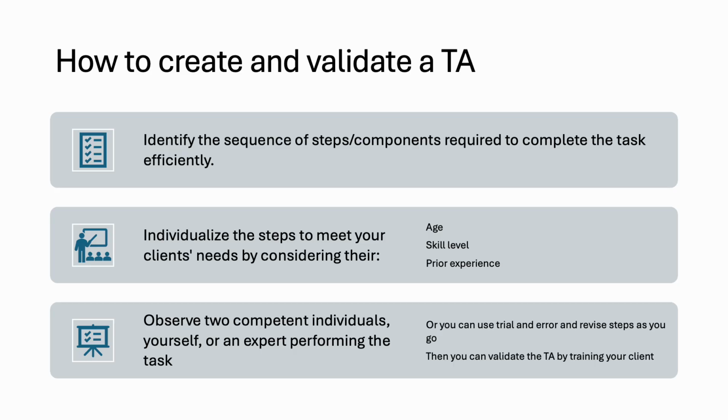Okay, so then how do we create a task analysis? And also, how do we ensure that our task analysis is actually helping us achieve what we would like to achieve? How do we validate our TAs? The first step is to identify the sequence of steps or components that are required to complete the task efficiently.